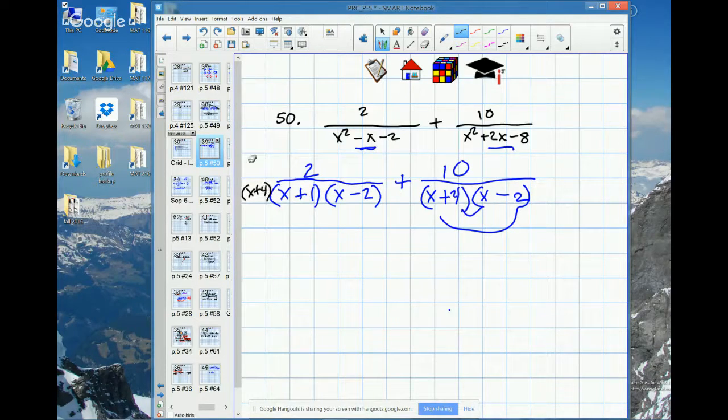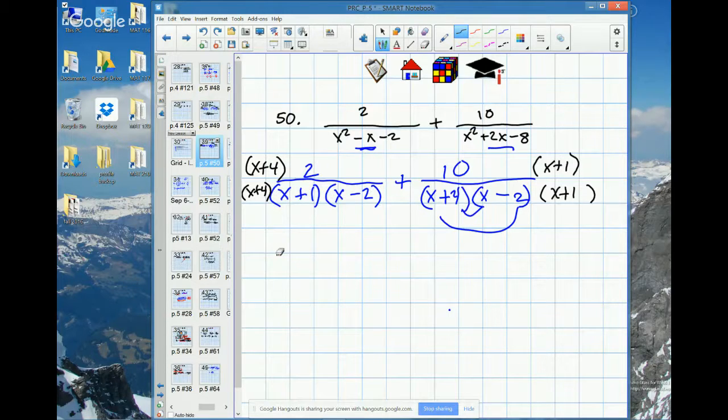And of course, if you multiply the bottom of a fraction by x plus 4, you have to do the top. What do I need in this denominator? What am I missing from the first fraction? An x plus 1, right? So multiply top and bottom by that. Okay, now I got my common denominator.